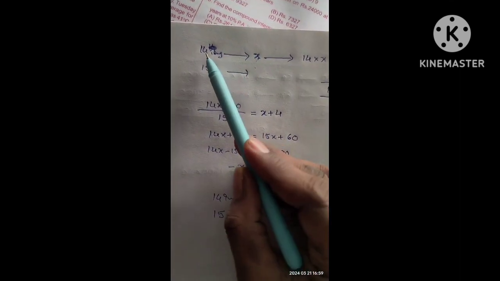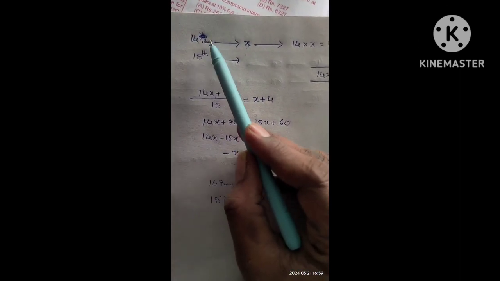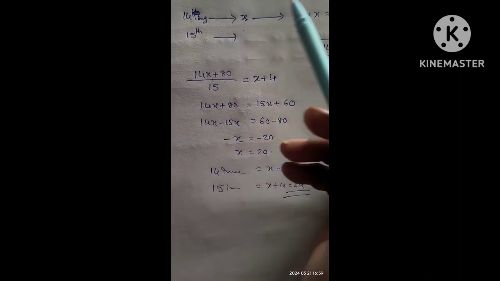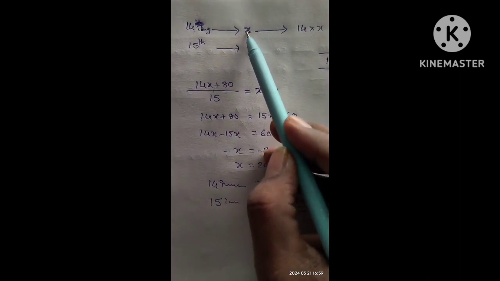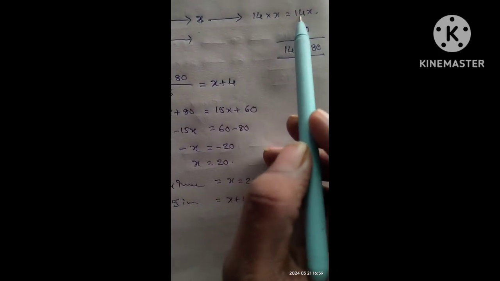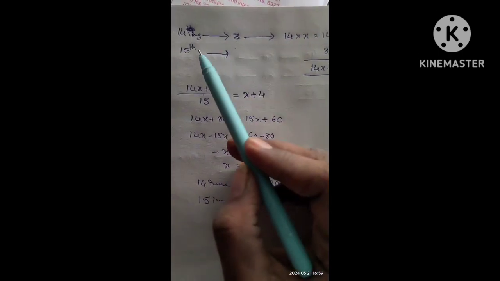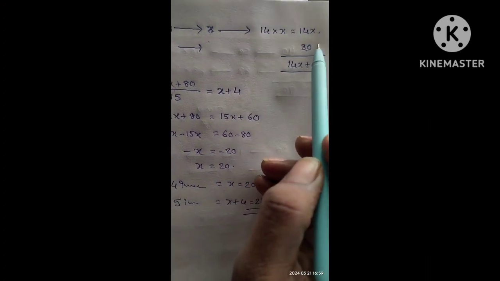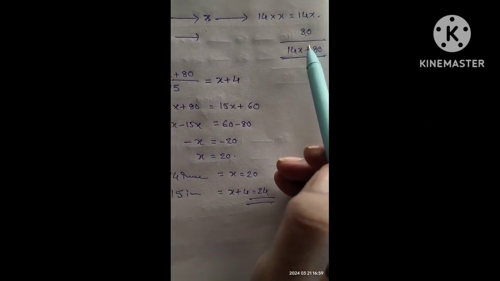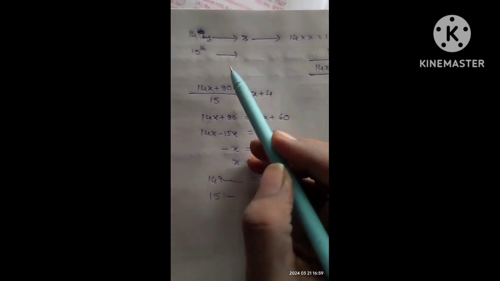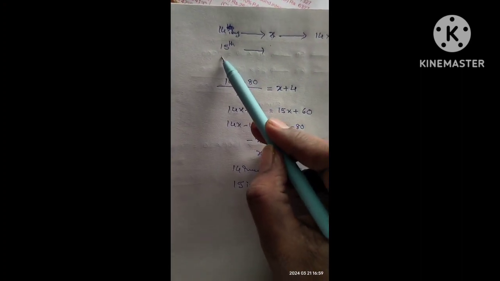See once again, 14 innings completed. We don't know how many runs there are, so I took that average as x. Then the total number of runs will be 14x. In the 15th inning, 80 runs. By adding it, we get the total runs up to 15 innings. Then the number of innings is 15.